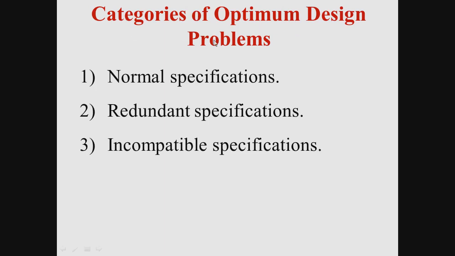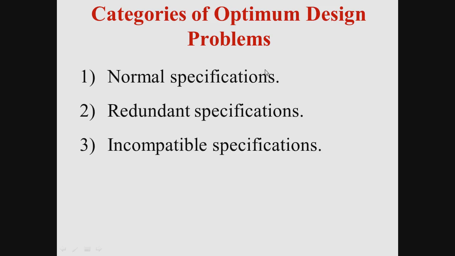Here we are going to classify optimum design problems into three types: normal specifications problems, redundant specifications problems, and incompatible specifications problems. Whatever problems we have solved are normal specifications problems.